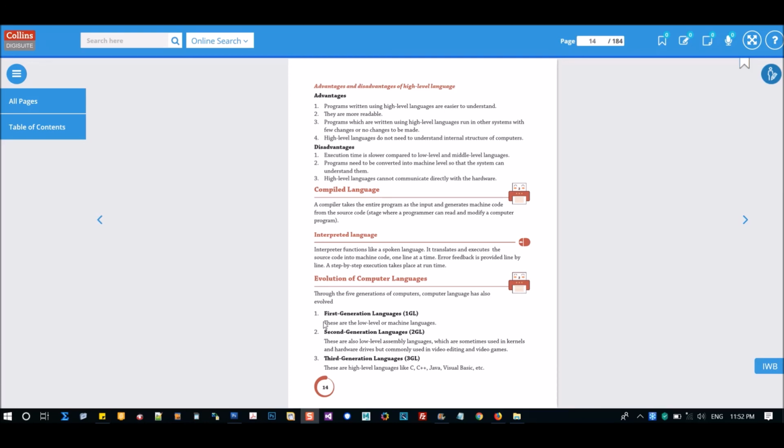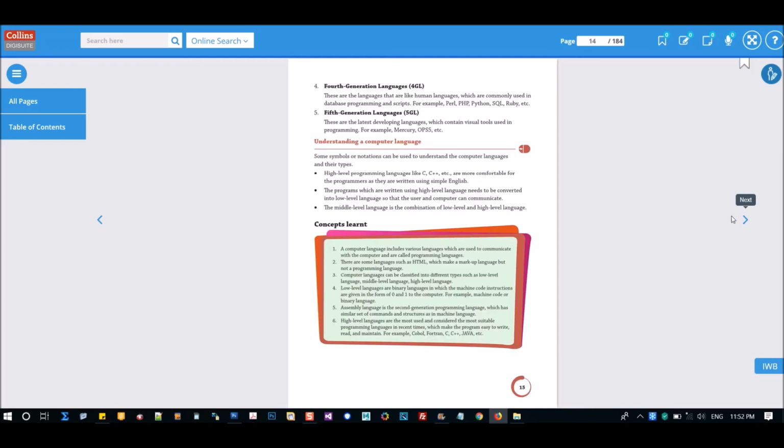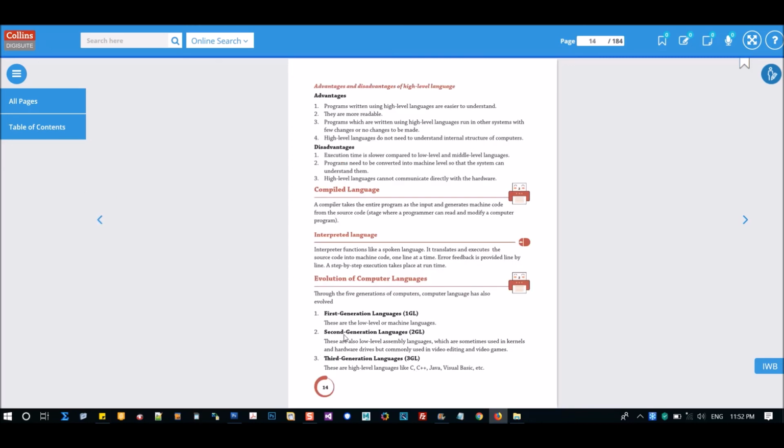On the next page we also have the fourth and fifth generation. The fifth generation is the latest computer system that we are using, really fast supercomputers. So you have to know all the generations of the language.